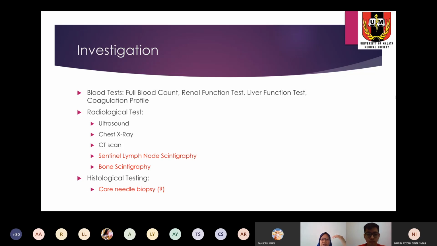The standard protocol is always CT staging, but some surgeons or oncologists will also ask for a bone scan. For me, it depends on the patient's symptoms and whether there are any other signs from the CT scan. If it's 50-50, iffy, not sure whether it's metastasis or not, then I would consider a bone scan. Does it answer your question? Yeah, okay.